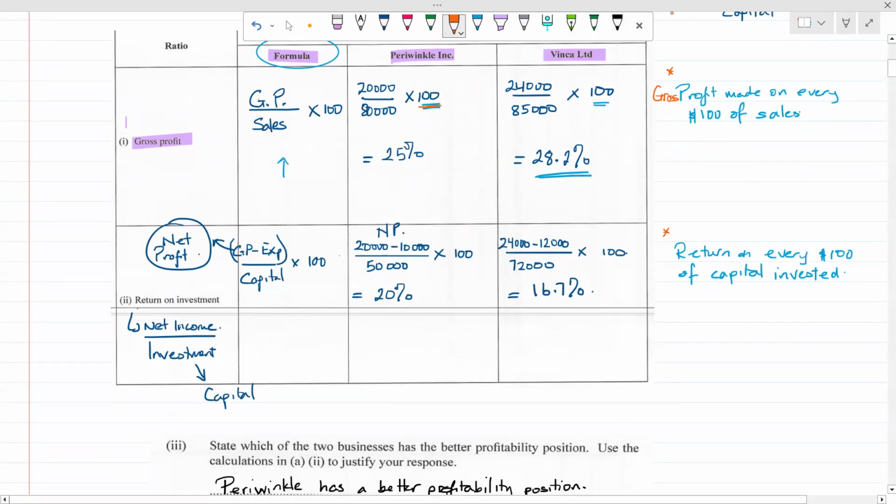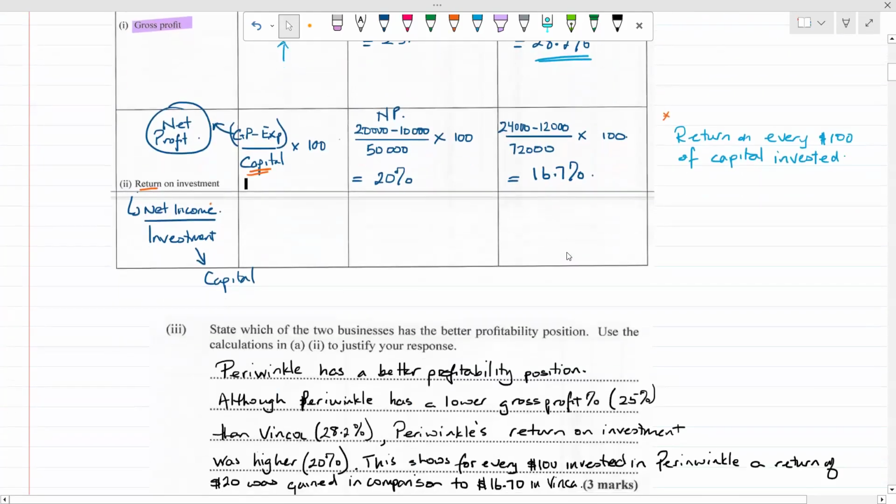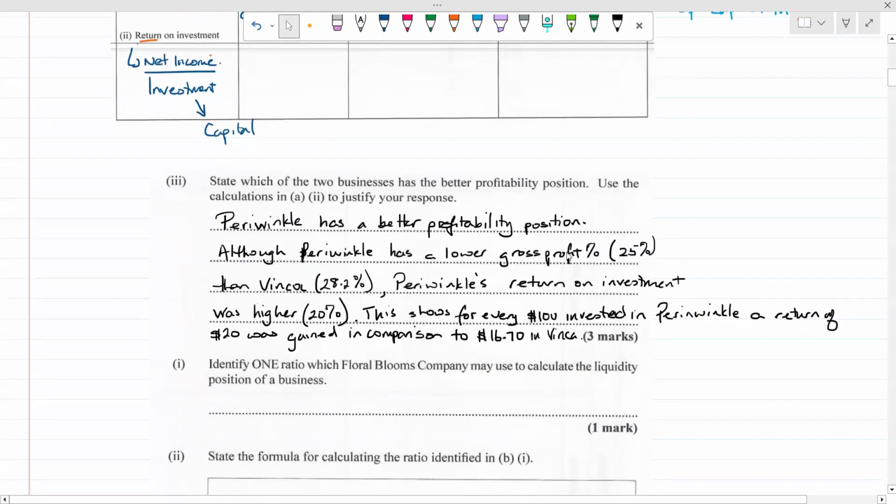If you're looking at return on investment, you're looking at the return or the net income made on every $100 of capital. So you could compare the two companies from that particular standpoint. Does that make sense to everybody? And when you're explaining your comparison or justifying your reason for selecting one over the other, you'll use that in your explanation. Yeah?